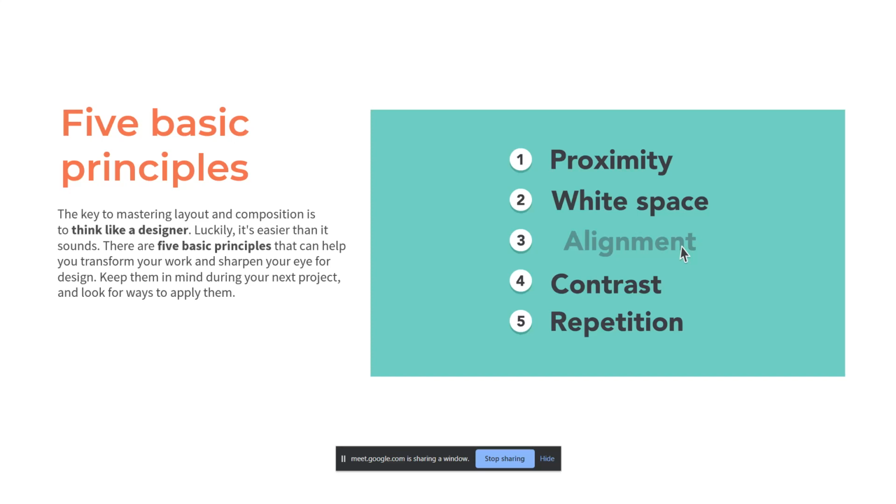In order to think like a designer, you need to know these 5 elements very well, because they are part of what makes a good design. We're going to take a look at each of these 5 principles one by one, so that you can understand what each of them means.